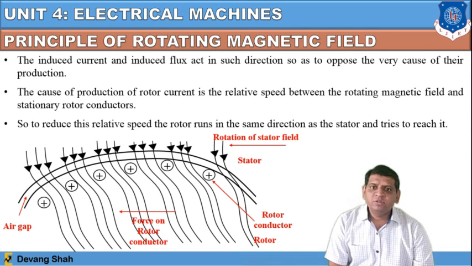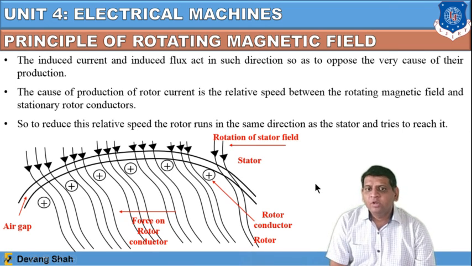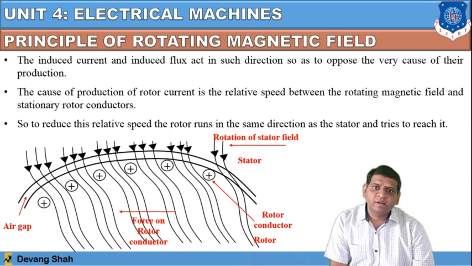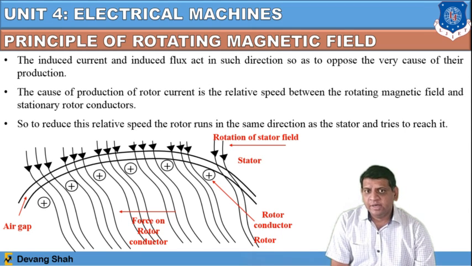To reduce this relative speed, the rotor runs in the same direction as the stator field and tries to reach it. Ultimately the rotor follows the speed of the rotating magnetic field but never attains it. Once it attained it, the flux would again become zero, so this never happens.